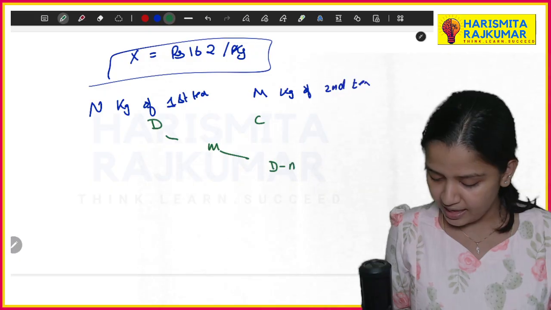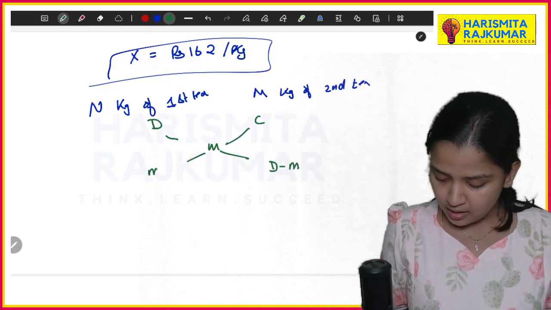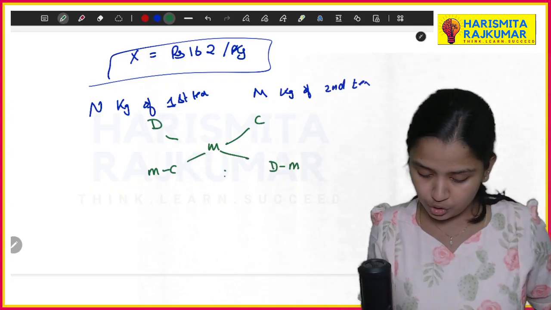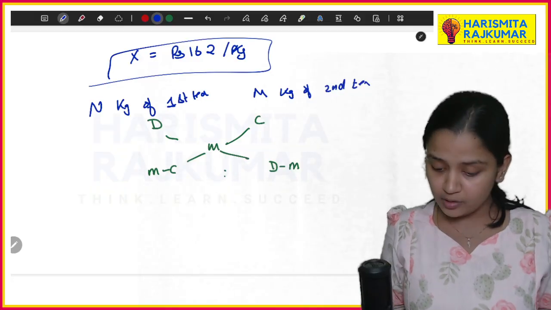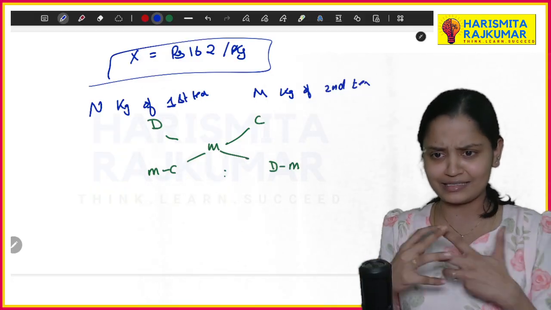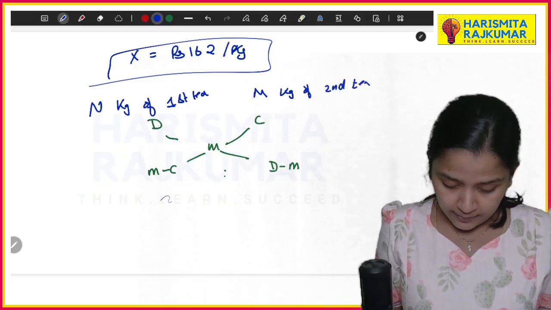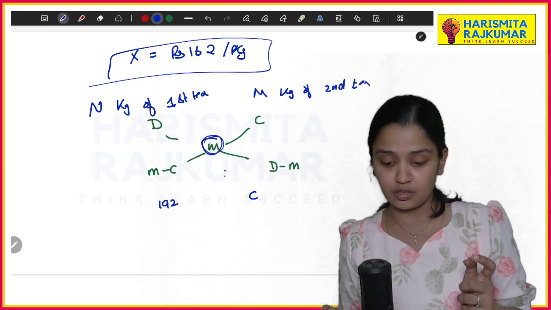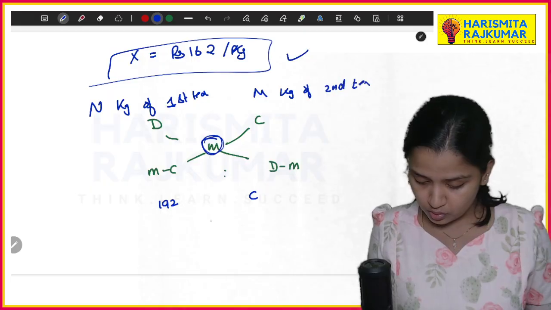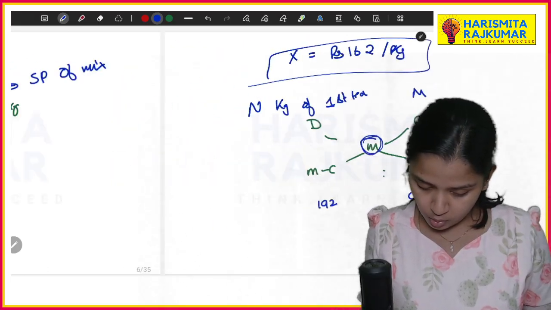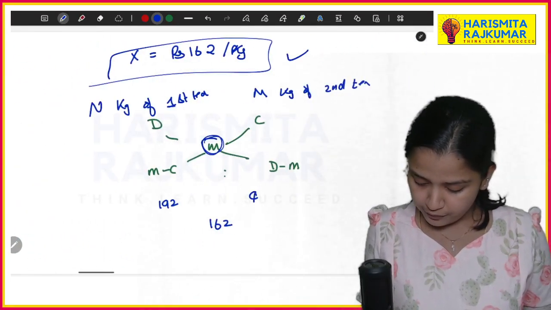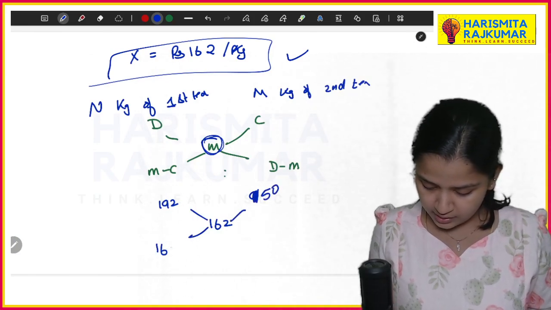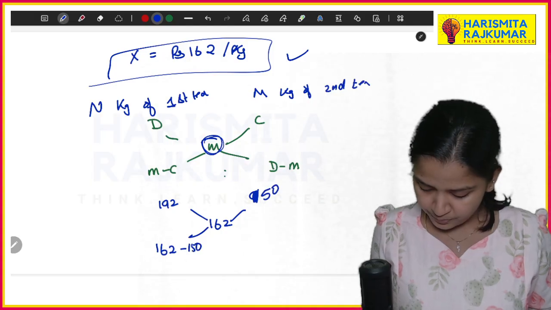D minus M, and this is M minus C. This is how you will be getting the ratio. So it will be 192, C, and the cost price of the mixture is 162. So C is what? 150, right? So 150. Then when I do it, it will be 162 minus 150, which is 12.